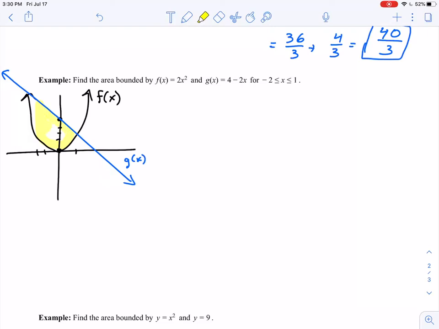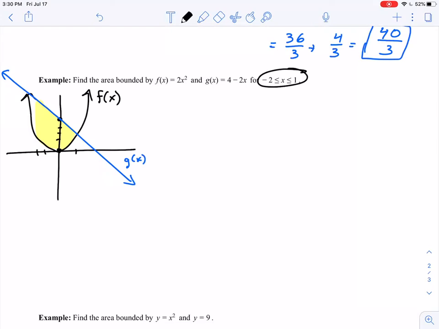What is the area of this region? The one thing I am unsure of, and the one thing that makes me nervous, is this point of intersection. If they intersect somewhere between negative 2 and positive 1, in that case we would need to split this up into two separate integrals.